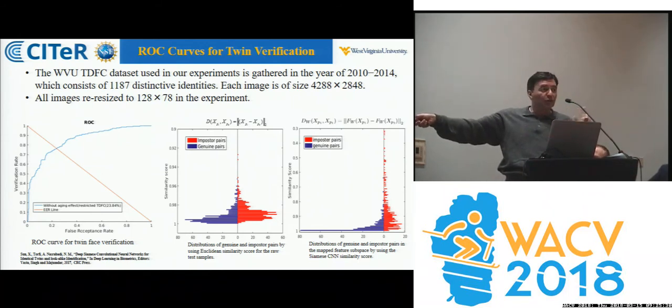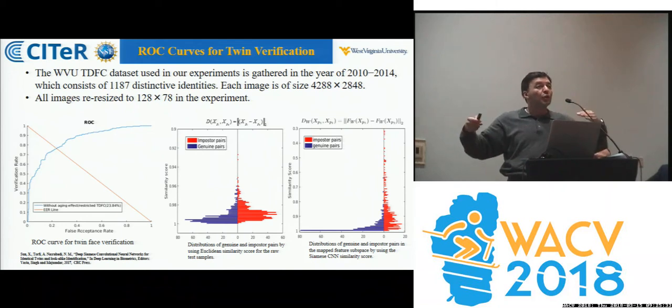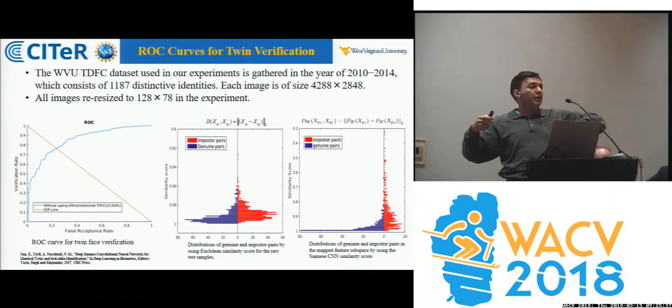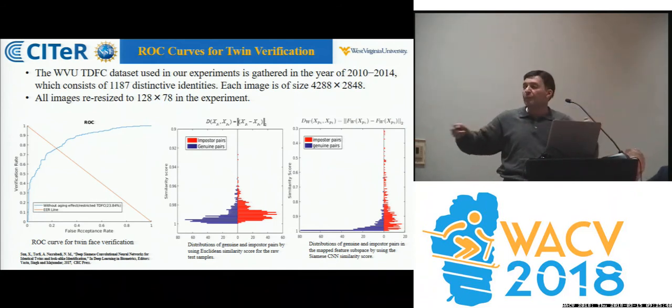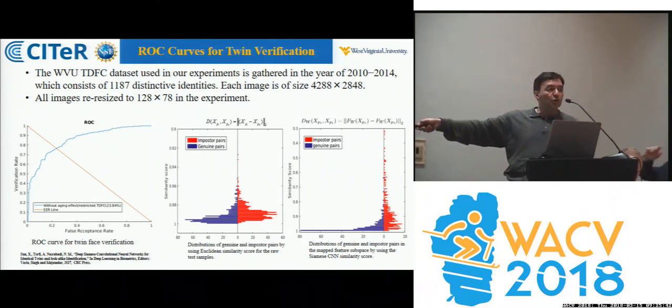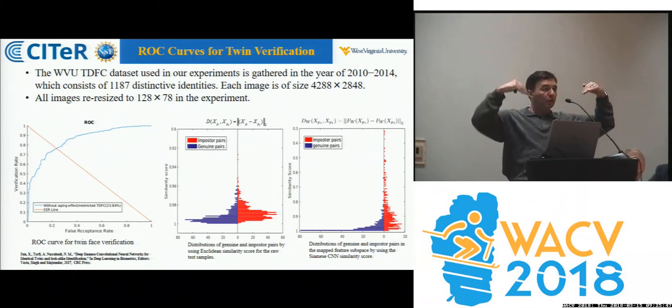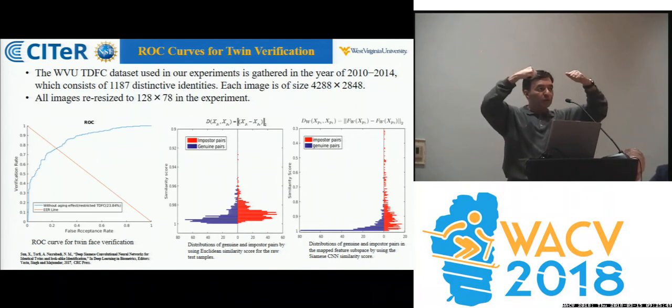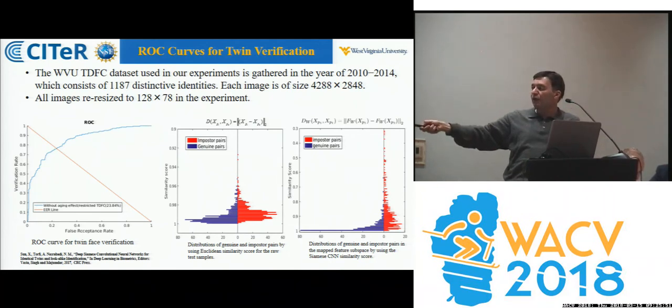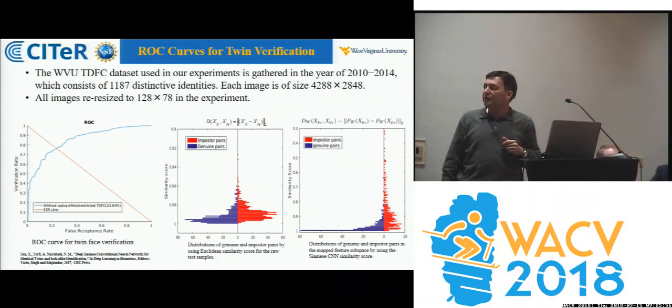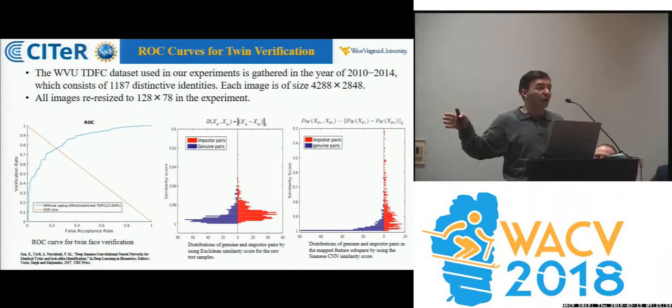This is the original without processing, that means without going into the embedded domain. That's what you get in the original domain. Everything overlaps. In the output of the coupled convolutional neural networks, when we compare the output, that's what happens. There's still a lot of overlapping. And this shows the ROC curves. So there's a lot of work still to be done for distinguishing between identical twins.